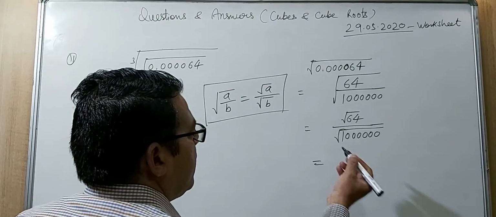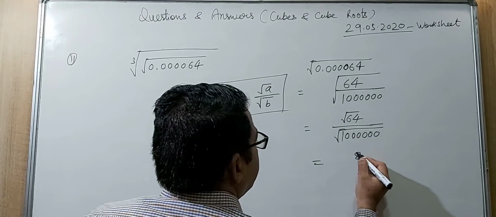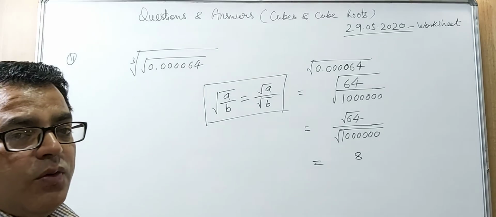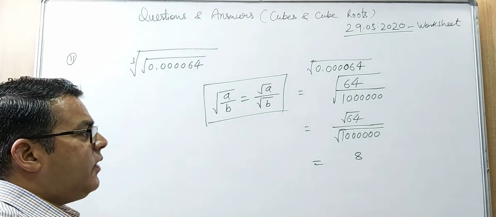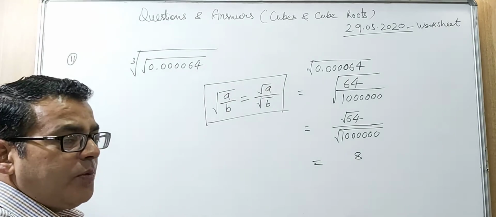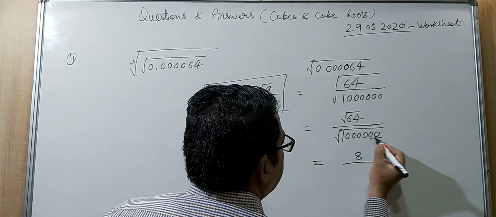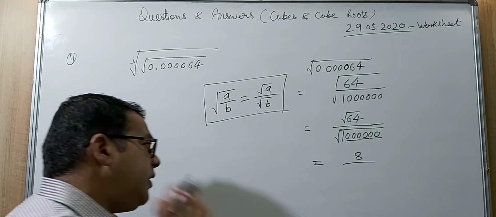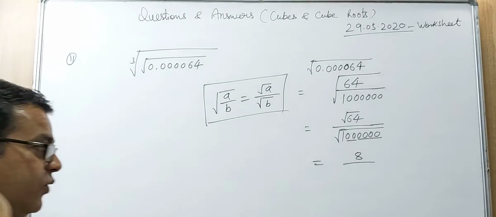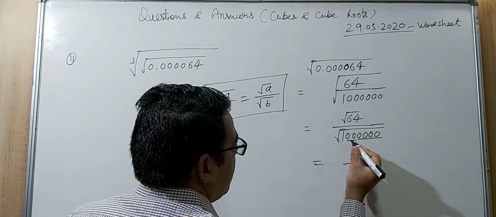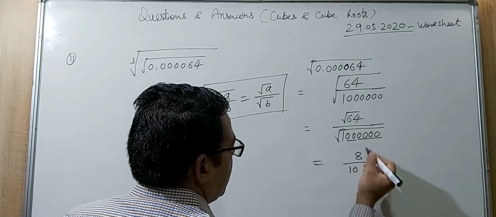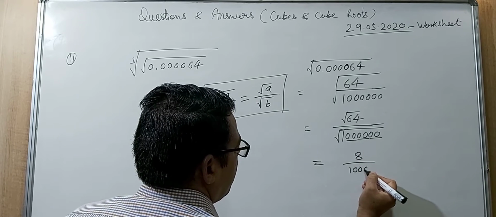Now we know clearly that the square of 8 is 64. No need to calculate it, right? So the square root of 64 will be 8. And downside you can see here we have 3 pairs of zeros. So we can write here 1, then one 0 from the first pair, the second pair, and the third pair.